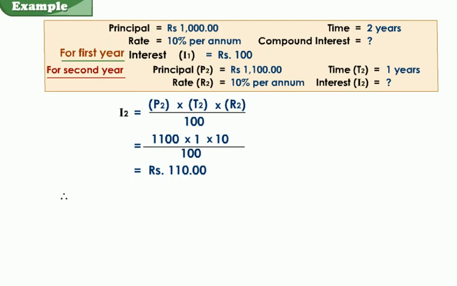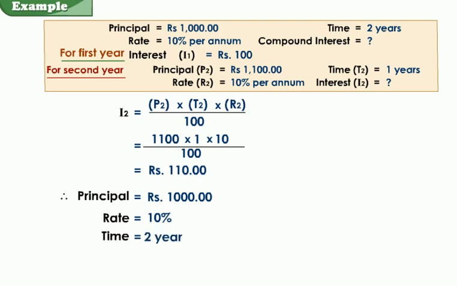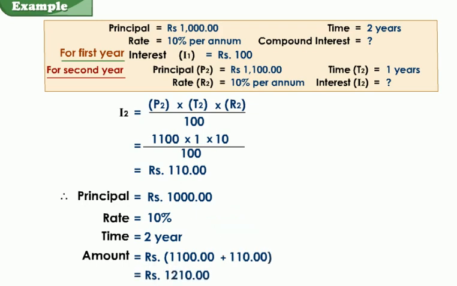Therefore, when principal rupees 1000 is compounded annually at the rate of 10%, then after 2 years it amounts to rupees 1100 plus 110, that is equal to rupees 1210.